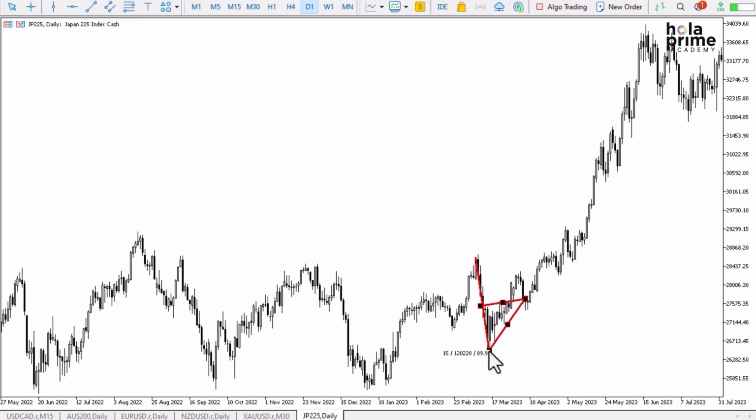So this is an example of just do what the market's telling you. In this case, the fact that the pennant broke the quote-unquote wrong way tells you that something has changed, and we inevitably went higher.